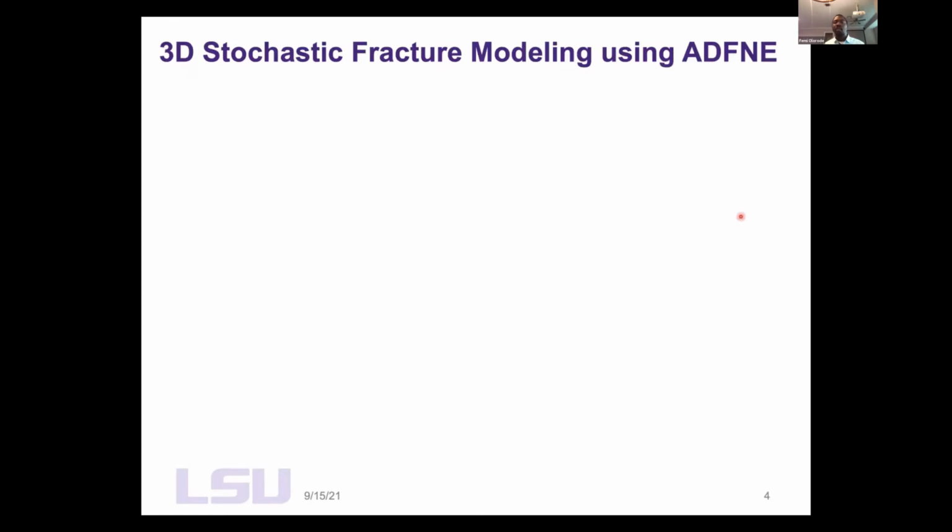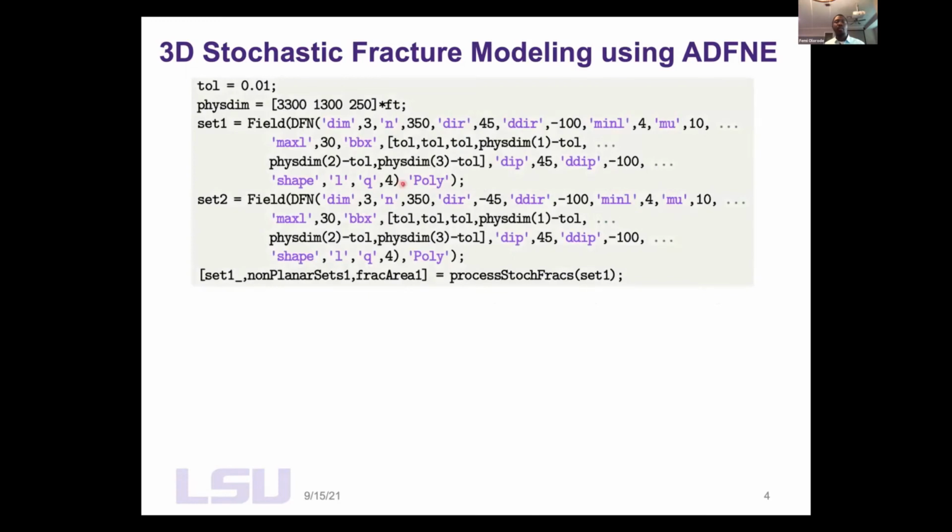So like I said, we will be using EDFM to model the stochastic fracture realizations. This is a simple code that generates those natural fractures in the first slide. And we wrote this function to process the points, which are basically the vertices of all the natural fractures.